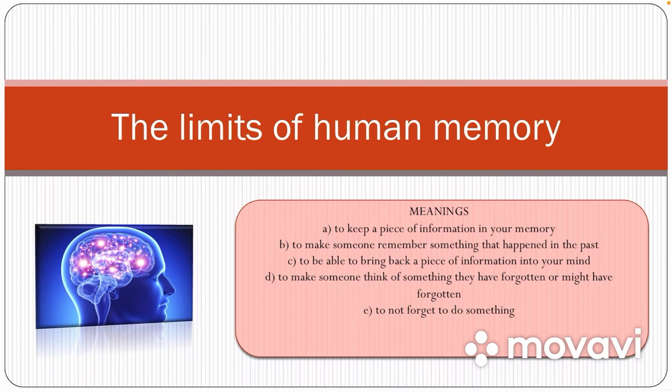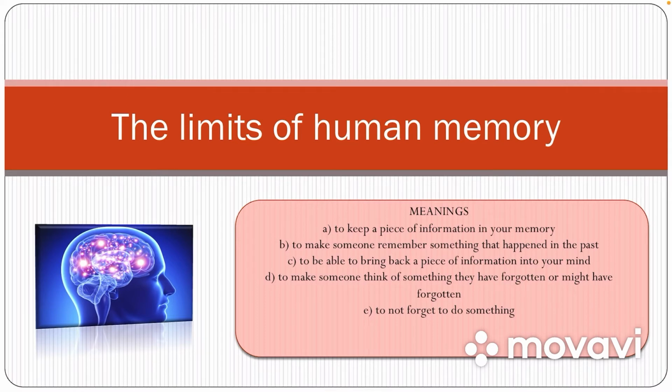To keep a piece of information in your memory. It means remember. Yes, of course. To make someone remember something that happened in the past. It's remind. To be able to bring back a piece of information into your mind.